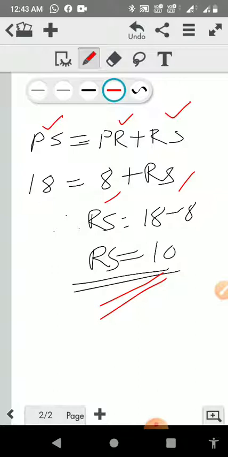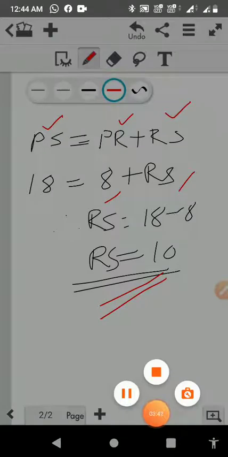Most of the time, when the question is very simple, we are in a hurry and make silly mistakes and lose our marks. This is the common error most 10th students make in the examination. So be cool, use the proper theorem, check it once, and calculate the answer accurately so that you get full marks.